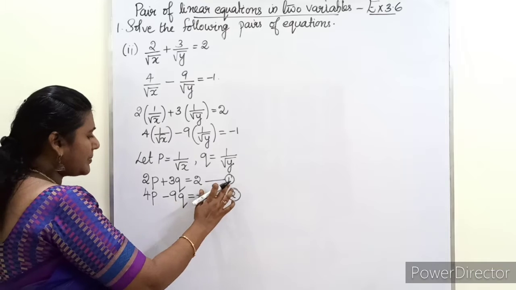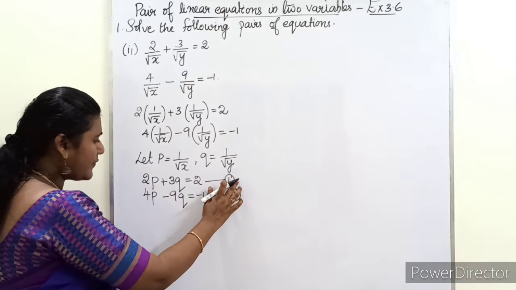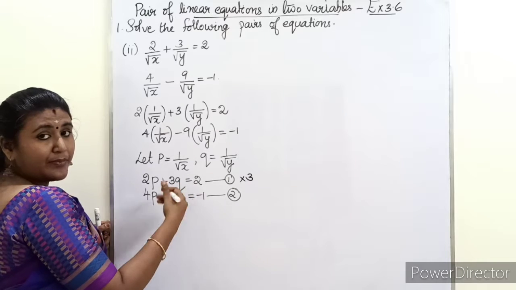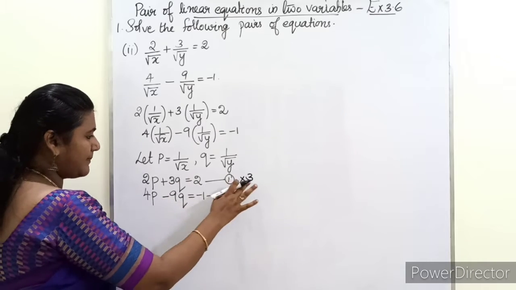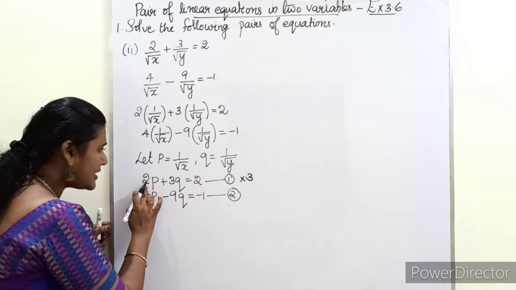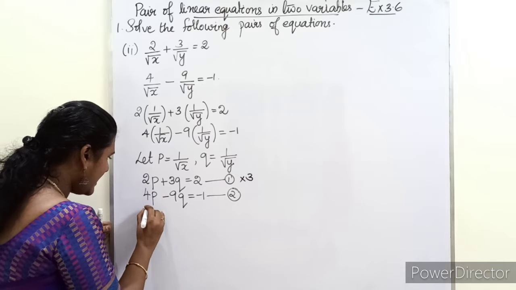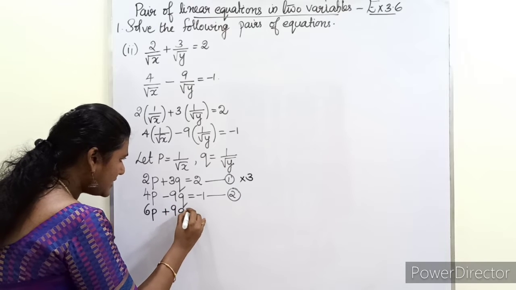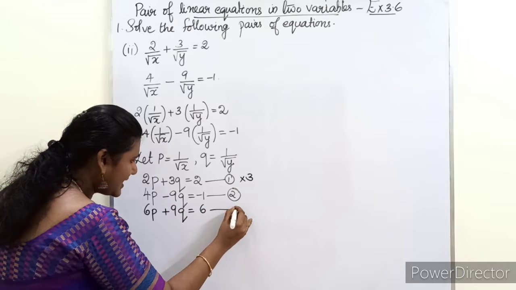So what I am going to do, I am going to multiply equation 1 by 3 so that the coefficient of q will become the same. So I am going to multiply equation 1 alone by the number 3, that is 6p plus 9q is equal to 6. So this is the third equation.